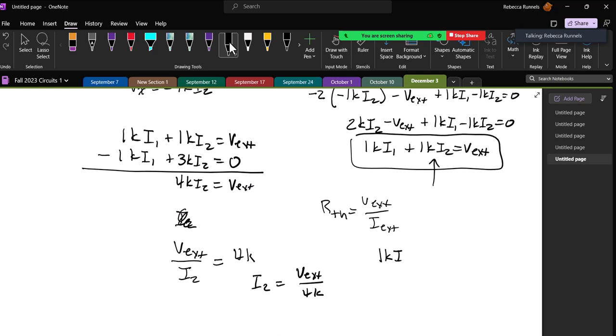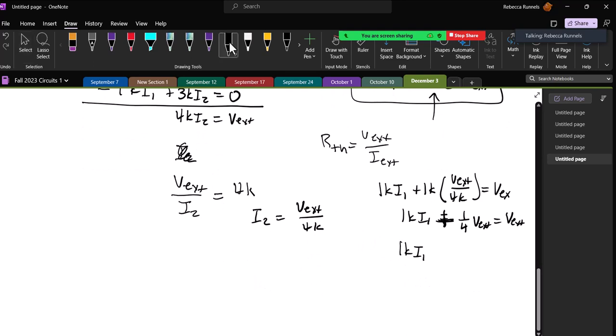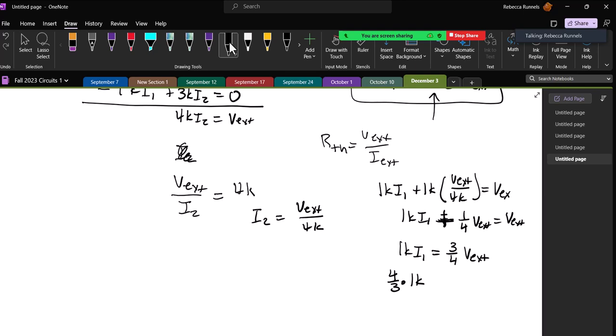So 1k I1 plus 1k times V external over 4k equals V external, or 1k I1 plus 1/4 V external equals V external, or 1k I1 equals 3/4 V external, or I bring the 4/3 over here. 4/3 times 1k equals V external over I1.